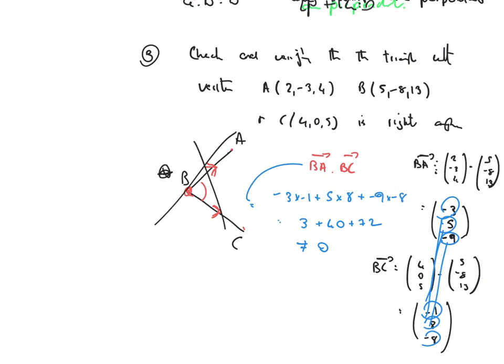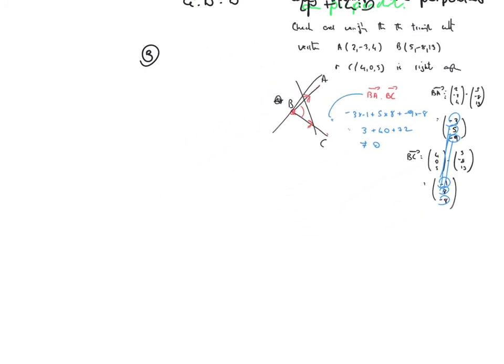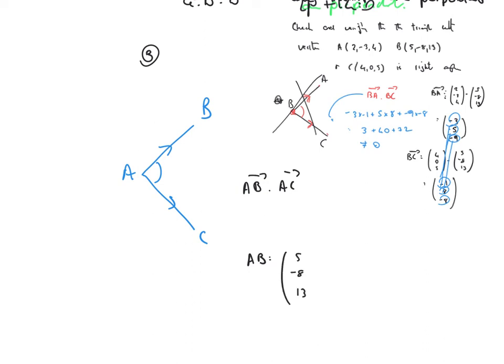So let's try it again and see if it might be at a. So I'm going to sketch out again for a, so BC with a in the middle. So this time it would be AB dot AC. Okay, let's find AB. AB then is equal to b minus a, so that's (5, -8, 13) minus (2, -3, 4).